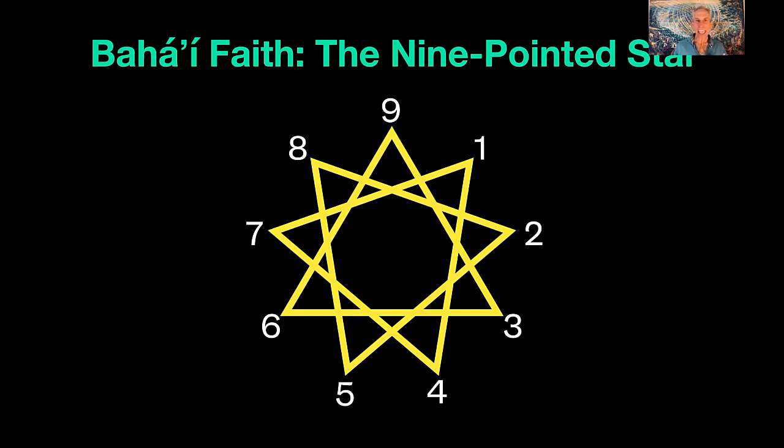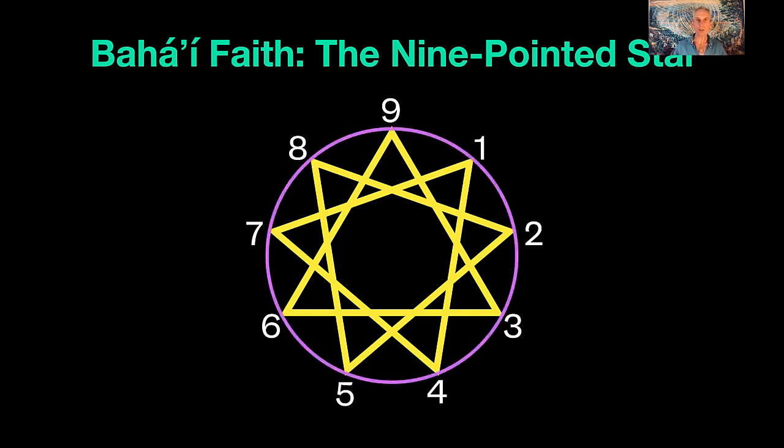And what he came to understand from that dream is the meaning of this symbol. What he saw in this vision in his dream was the 9-pointed star circumscribed in a circle.